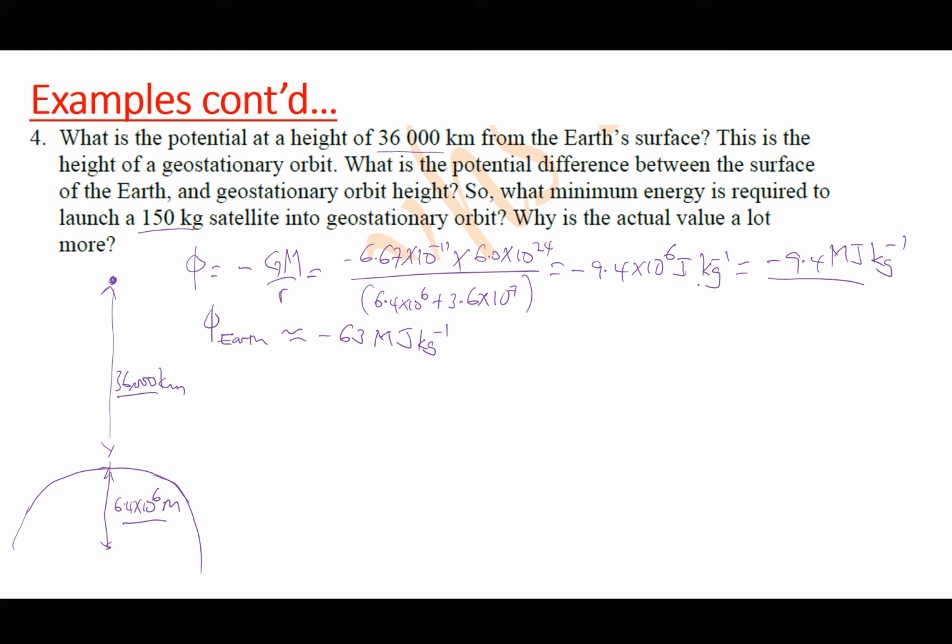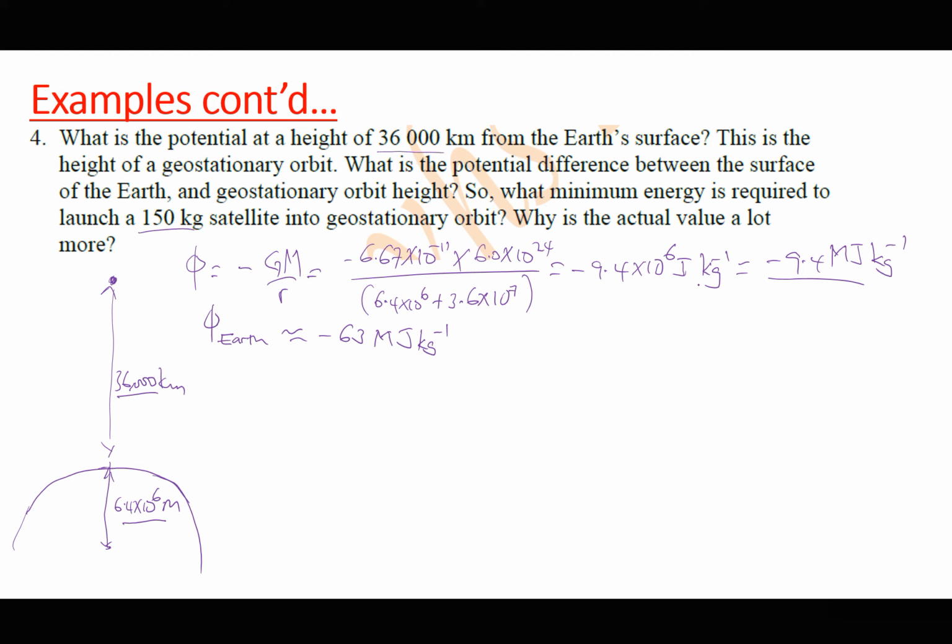By the way, did I press my calculator wrongly? 6.67 exponent negative 11, 6.0 exponent 24, divided by 6.4 exponent 6 plus 3.6 exponent 7. 9.4 times 10 power 6, yes.